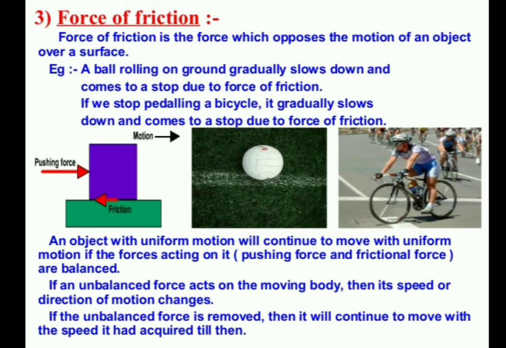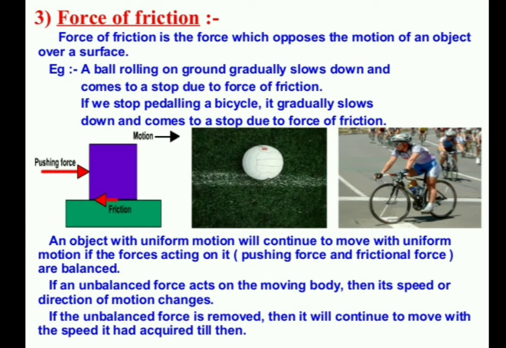Okay. If we stop pedaling a bicycle, does it keep moving fast? No. It gradually slows down and comes to a stop due to force of friction. The friction takes place between the tires of the wheel and the road.